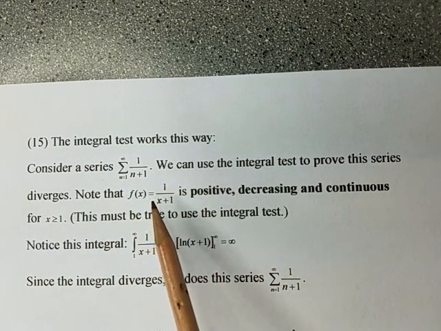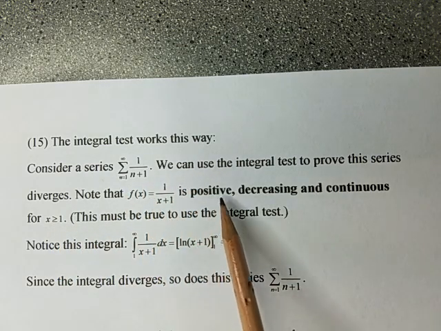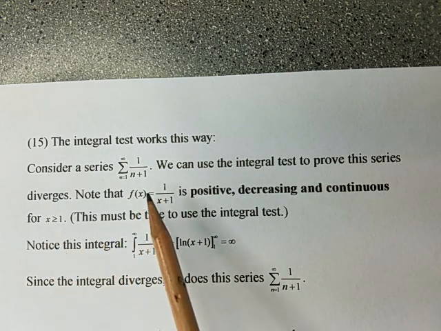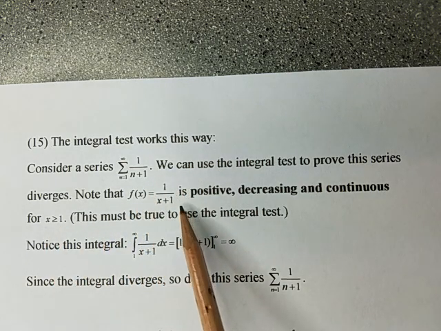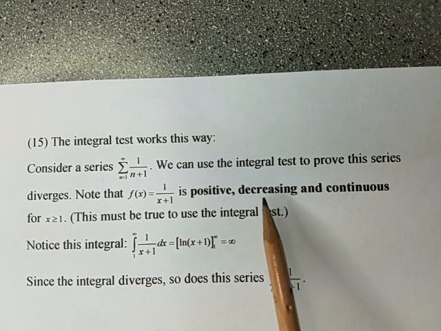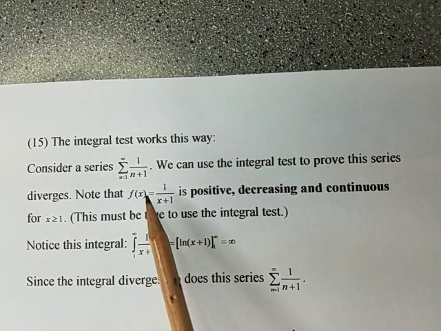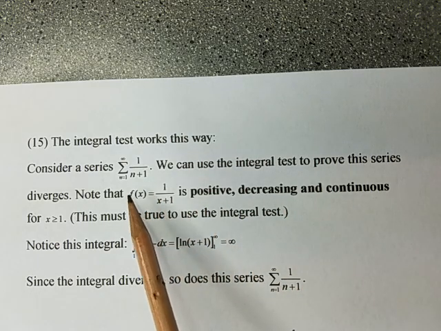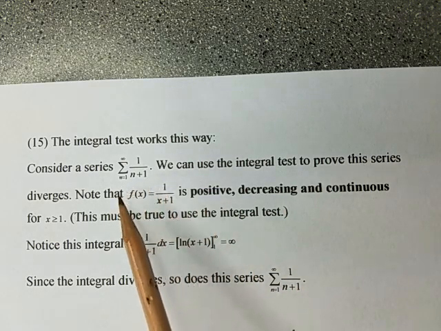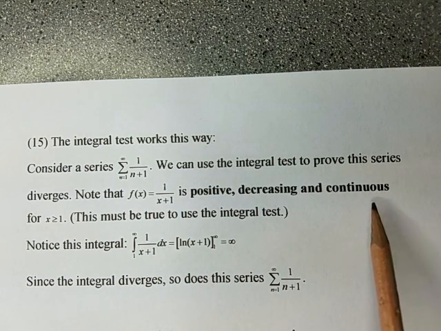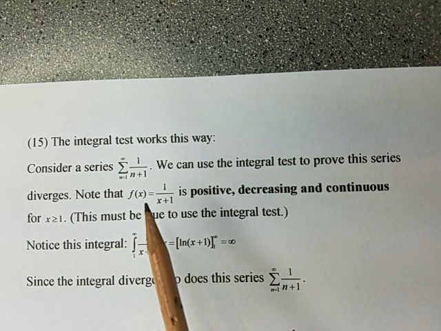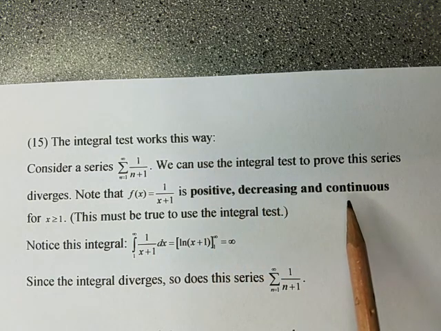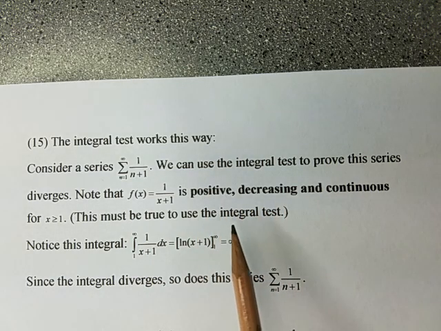So for that function, every time you put a number bigger than 1 in for x, you're going to get a positive number, okay? Decreasing, the bigger the x's are, the smaller the y's are. Continuous, there's no breaks or gaps or missing points, discontinuities of any kind. It's continuous, all right? So anytime these 3 things happen, you can use the integral test.